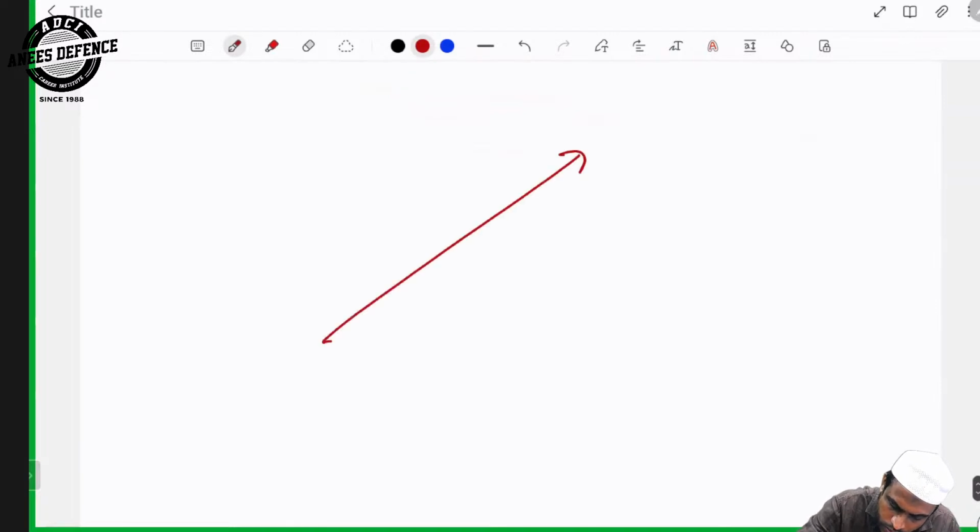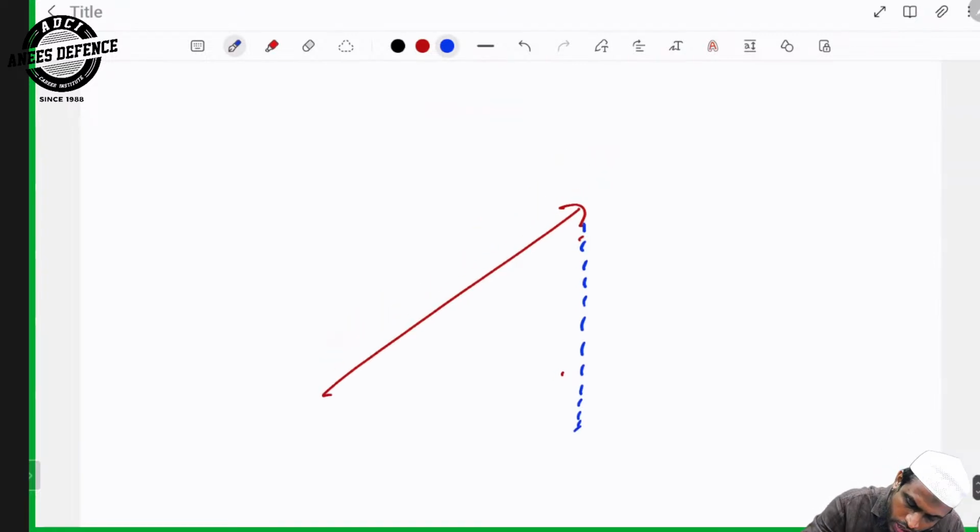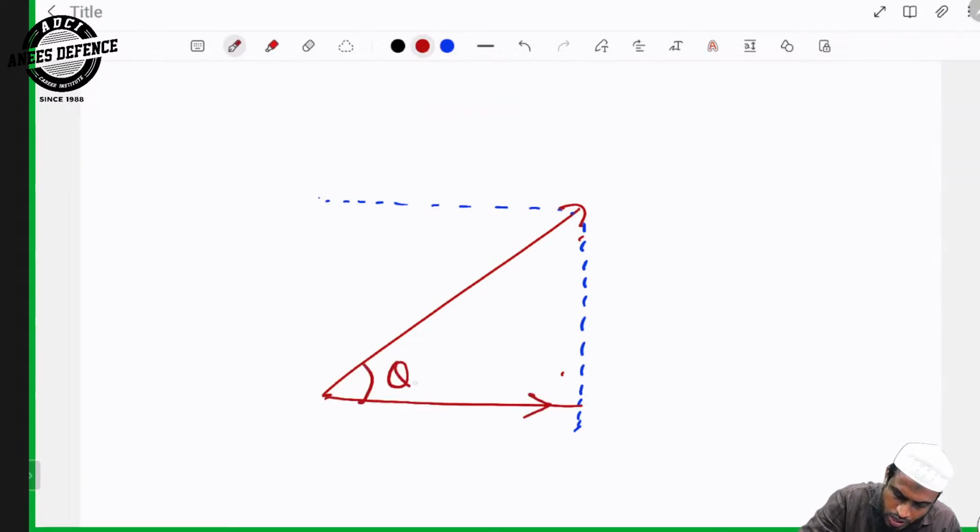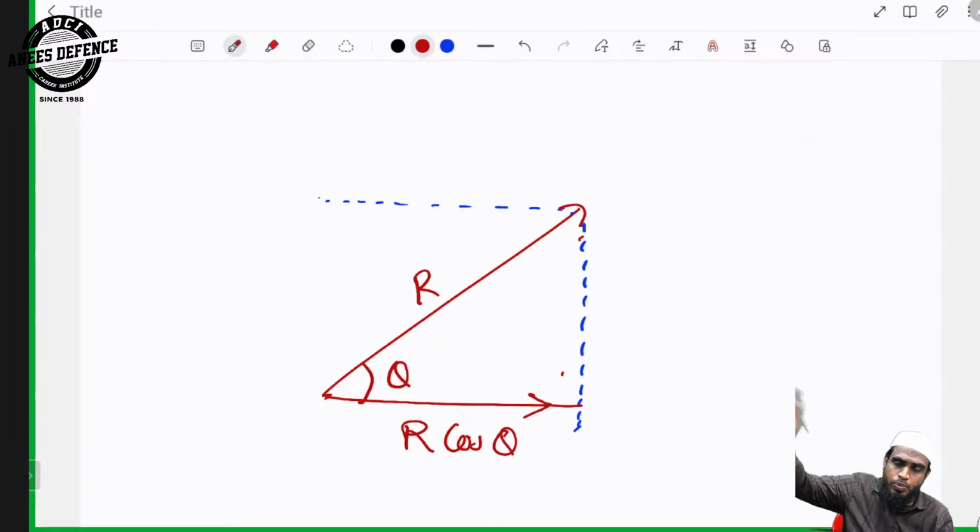If this is R, this should be R cos theta extension. So up to this, if this is theta and this is R, this can be written as R cos theta. You cannot simply extend that R cos theta at any point.